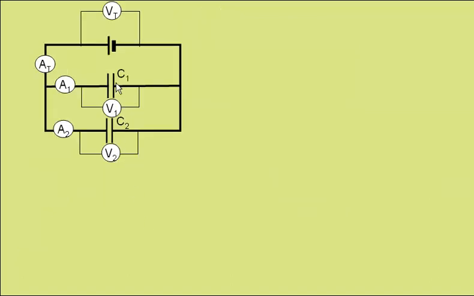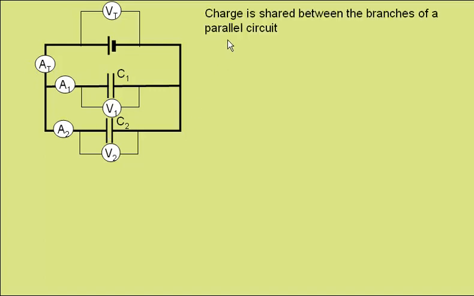Here we've got capacitor 1 and capacitor 2 in parallel with the cell up here. In this case the charge leaving the cell will be shared between this plate and this plate. So we can say that the charge is shared between the branches of the parallel circuit. Or we can write the total charge leaving the cell is equal to the charge on capacitor 1 plus the charge on capacitor 2.